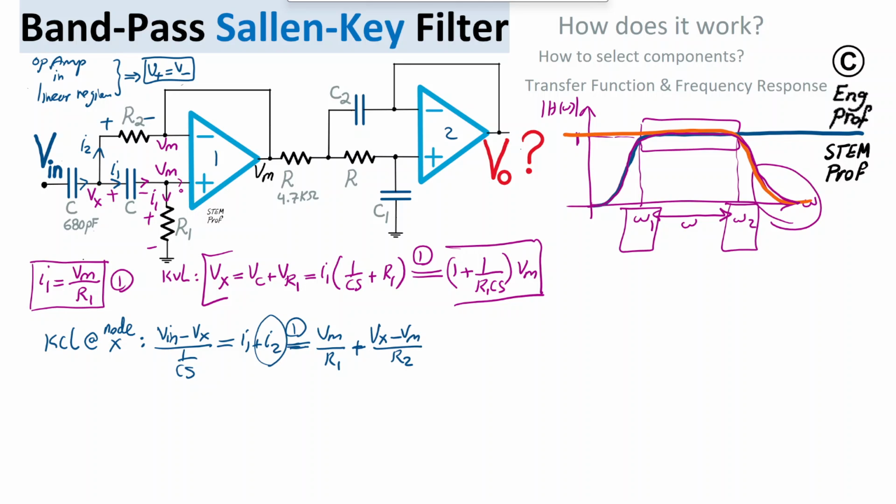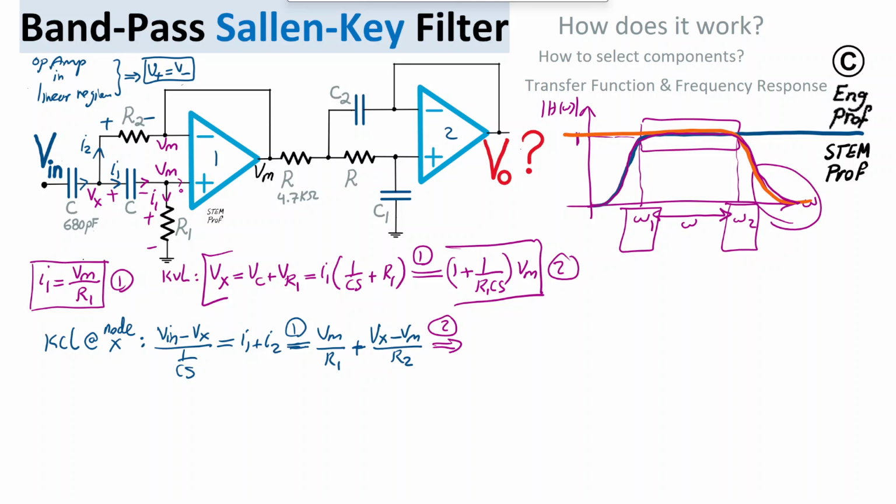That gives me the current I2. Okay, great. So now let's substitute for Vx. I am going to substitute for Vx using equation 2 here. So I found Vx as a function of Vm. So I am going to substitute using equation 2.